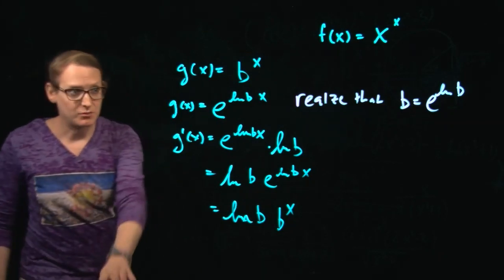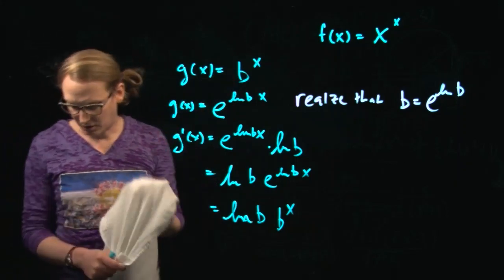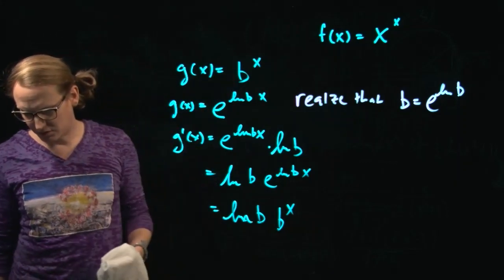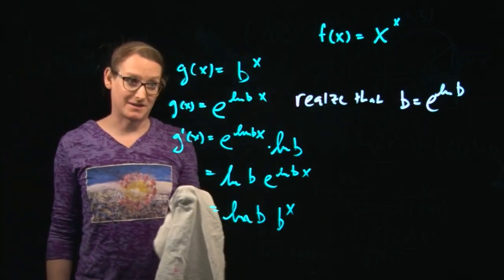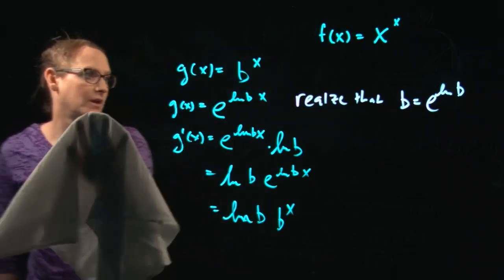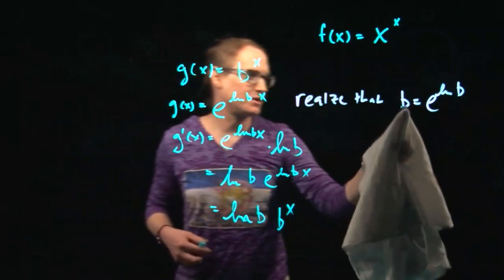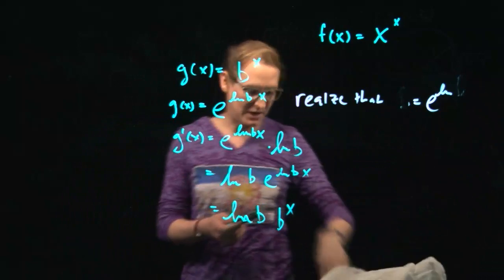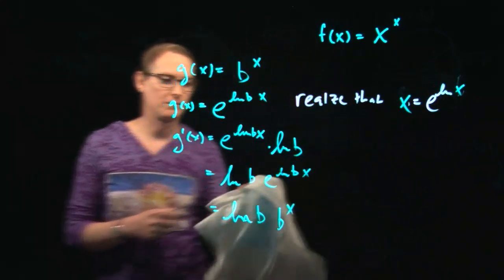So now you know how to take the derivative of arbitrary things with some fixed base down here. So let's do the same thing for this x to the x function. We're going to realize the same thing right here, that there was nothing special about b. That's just some number. So I might as well have x right there.